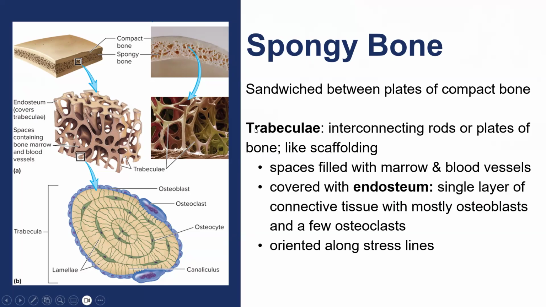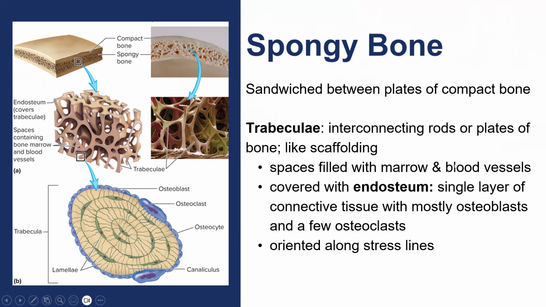So we call the functional unit of spongy bone this organization of spongy bone trabeculae. So this is going to be these interconnecting rods and plates, and it's like a scaffolding. It forms in a sense a frame or a support, but it's got all these spaces where we can put bone marrow or fatty tissue or whatever else we need to sneak into our bone.